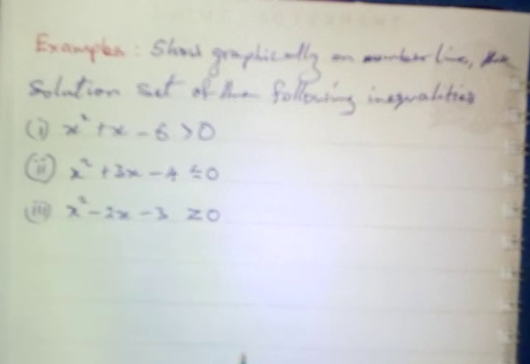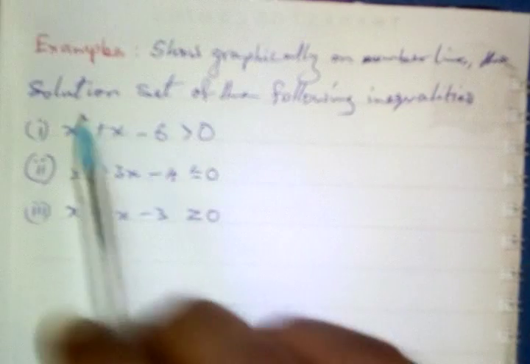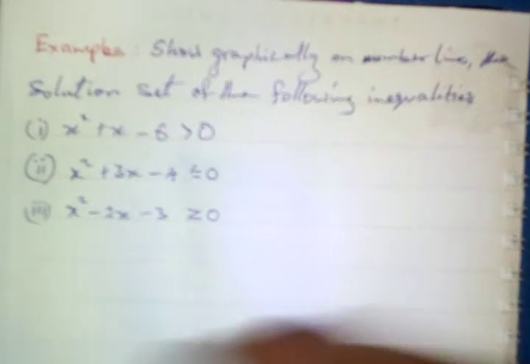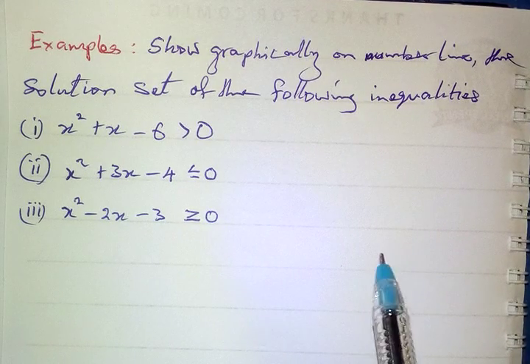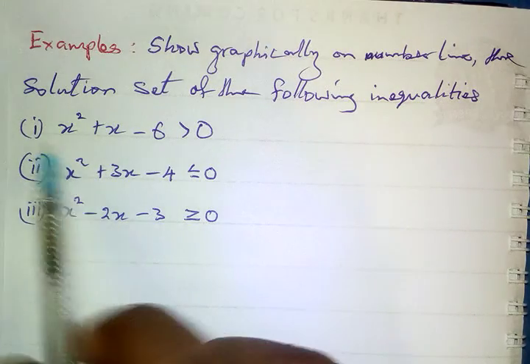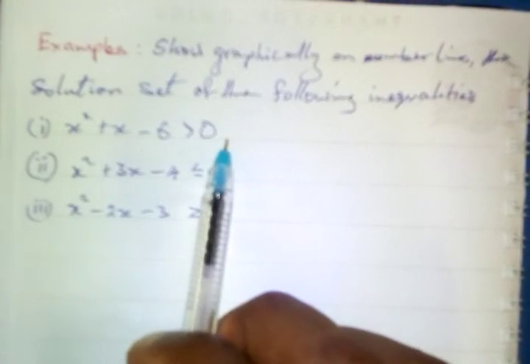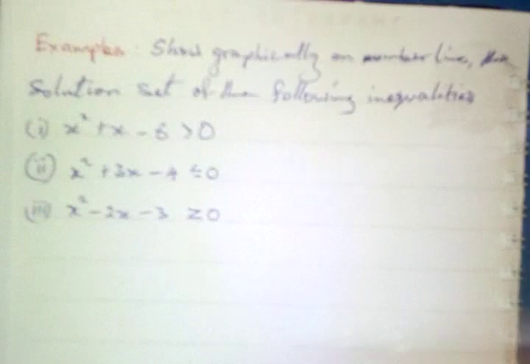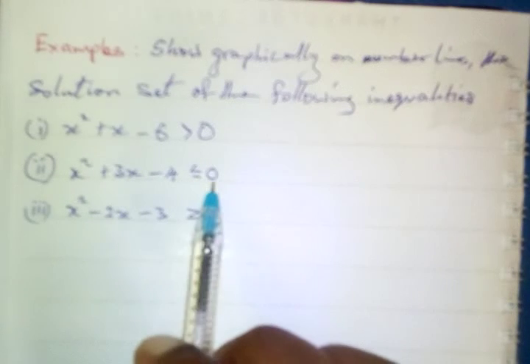So now let's consider some examples. Show graphically on a number line the solution set of the following inequalities. 1. x squared plus x minus 6 is greater than 0. 2. x squared plus 3x minus 4 is less than or equal to 0.